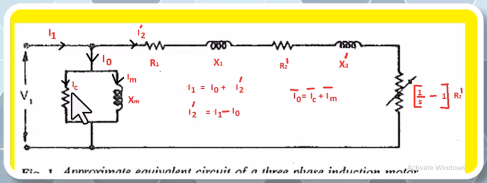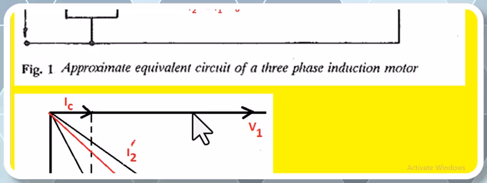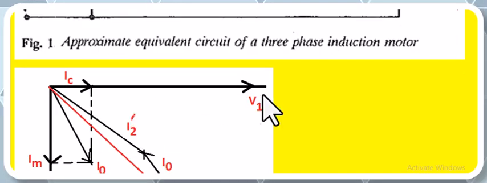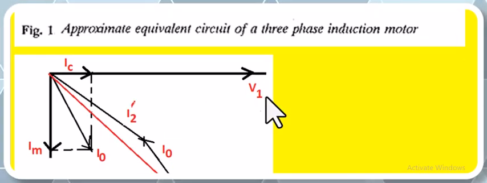Taking V1 as reference like this, the core loss current component, which is the current flowing in RC, that is the resistance, is always in phase with the applied voltage V1. So IC and V1 are in phase like this.